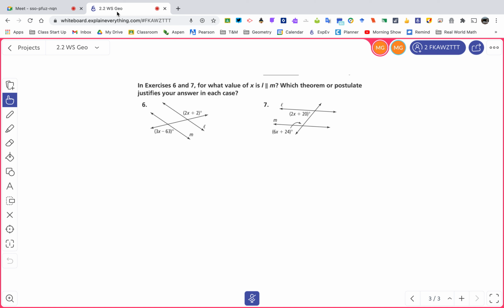Okay, so what we need to do is solve for x. Right. First, we need to look at the 2 angles, right? What do we know about them? Well, these angles are alternate exterior angles. Right? So, if they're alternate exterior angles, their measures are equal.